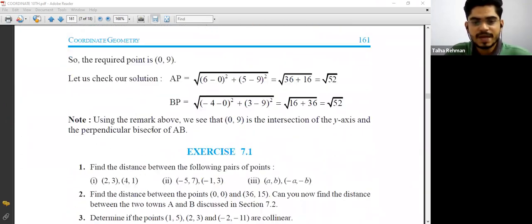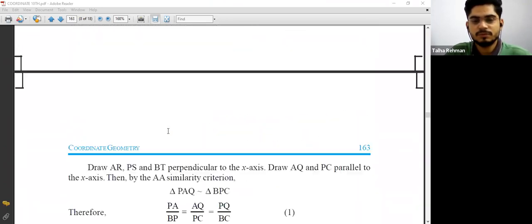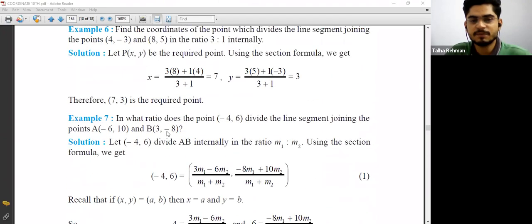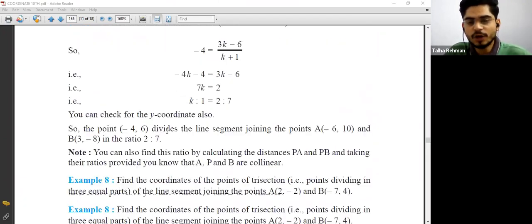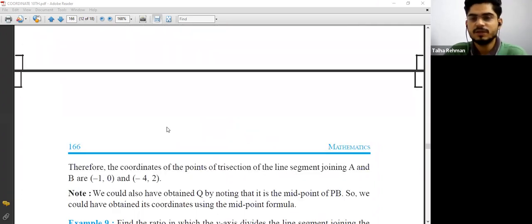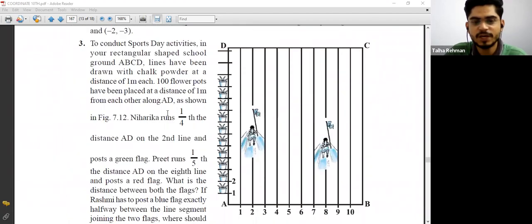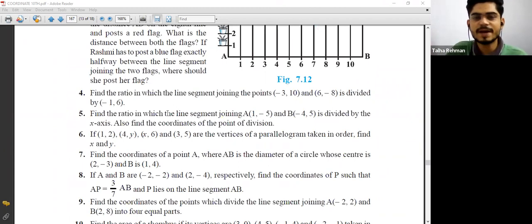Exercise 7.1 and 7.2 are part of your syllabus, and exercise 7.3 is now not part of your syllabus, means the area of triangle part is not in your syllabus. If there are a few questions of exercise 7.3 that are in your syllabus, but I suggest you mainly focus on exercise 7.1 and 7.2, means distance formula and section formula.